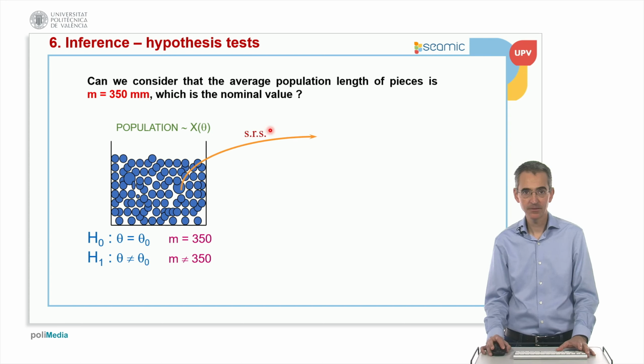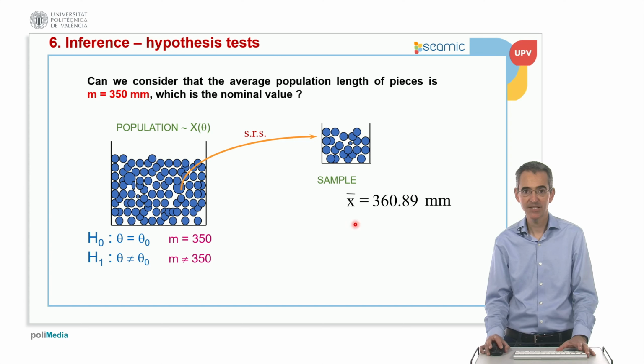So we take a sample. This means simple random sampling. We take a sample and then imagine that the value that I get in the sample is 350.89. So based on this sample, can we reject this null hypothesis or can it not be rejected?